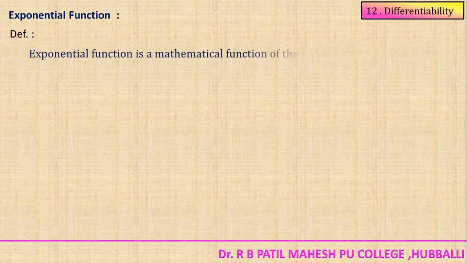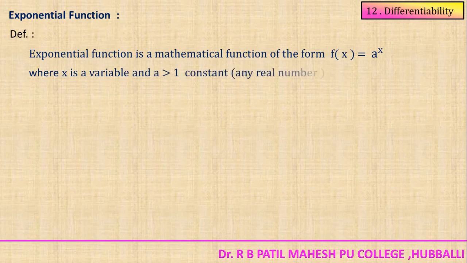Exponential function is a mathematical function of the form f of x is equal to a raised to x, where x is a variable and a is a constant greater than 1. It may be any real number greater than 1, called the base of the function.